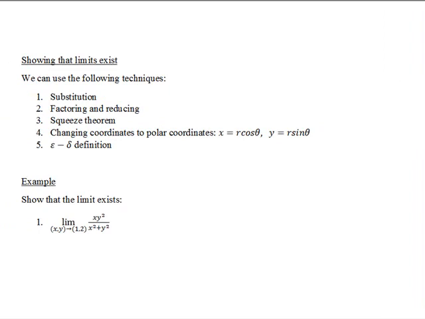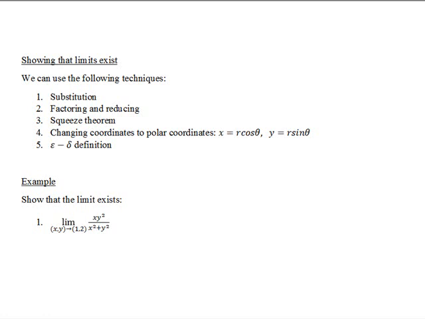Then you can use the squeeze theorem, which we will go over in a little while. The fourth one is a very popular one. And from experience in teaching this course, a lot of students seem to like this one. When substitution does not work, they use polar coordinates. Why?